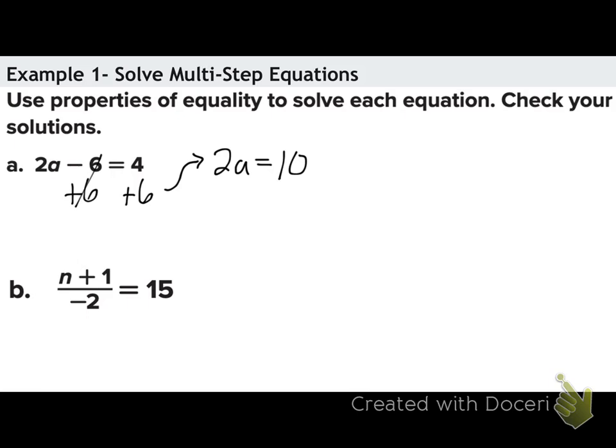What number? 2. It's being multiplied by a. What's the inverse of multiplication? Division. So I've got to divide by 2 in order to cancel it out. Whatever I do to the left, got to do to the right as well.